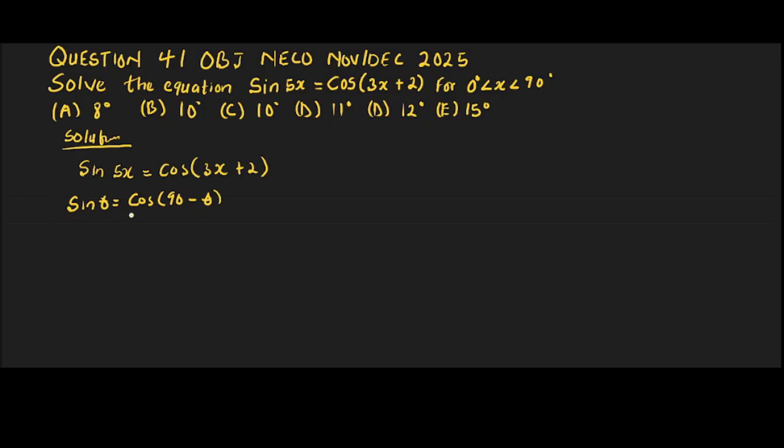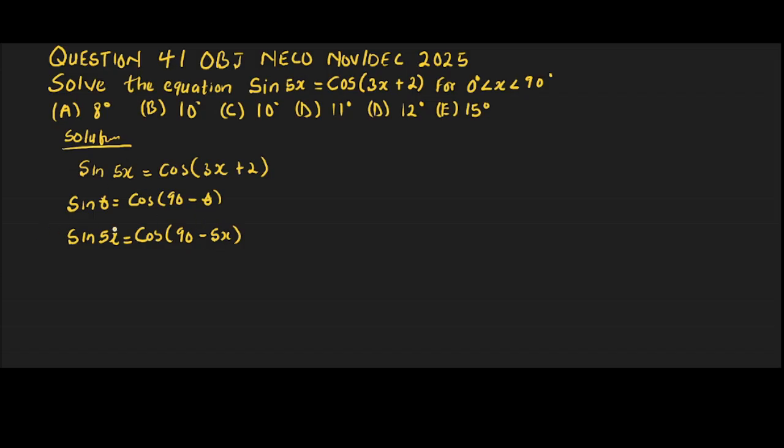So if sin theta equals cos(90 minus theta), that means sin 5x is going to be cos(90 minus 5x). So now we have sin 5x equals cos(90 minus 5x).